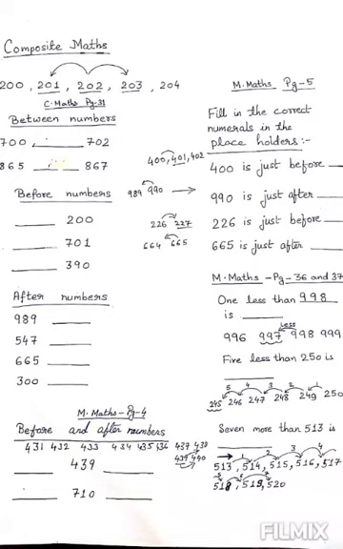990 is just after. It is saying after, so I will write the number that is before it: 989. Okay. Then 226 is just before. So when before, we will write down 226 and then the next number, 227.